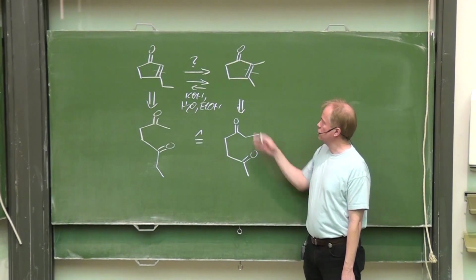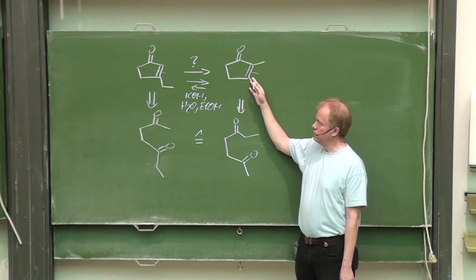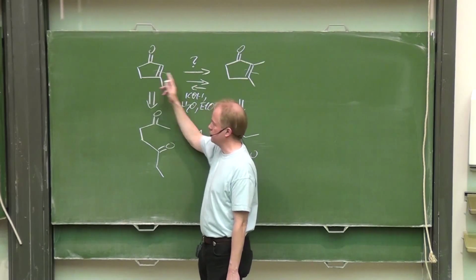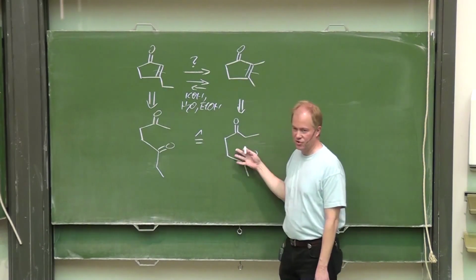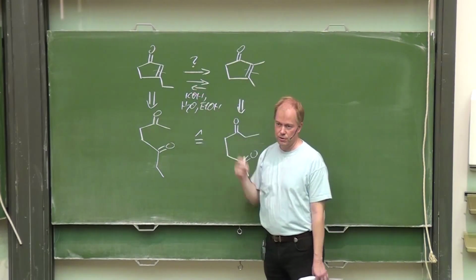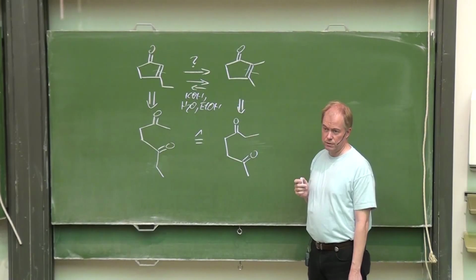But at least you would get some of that. But on the other hand, you wouldn't try to transform this to that, you would of course start with that and selectively try to get to this one or that one.